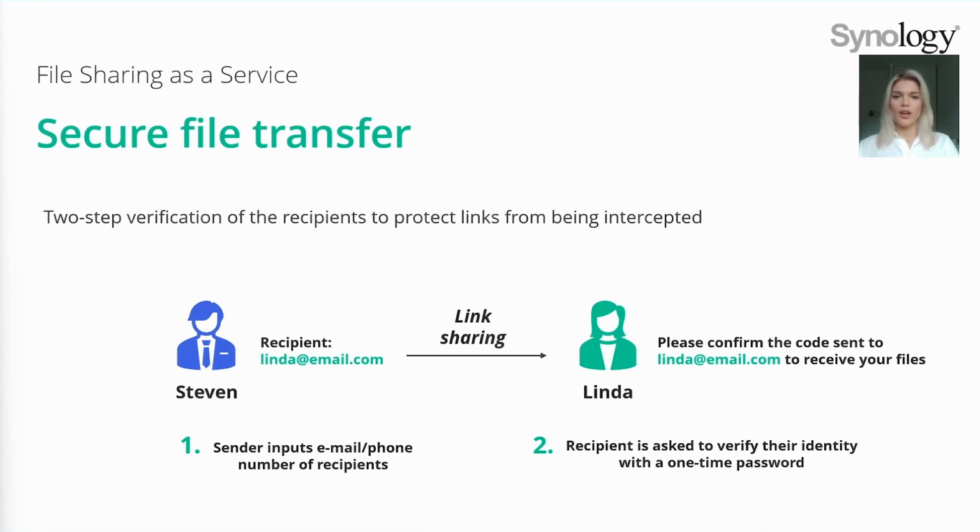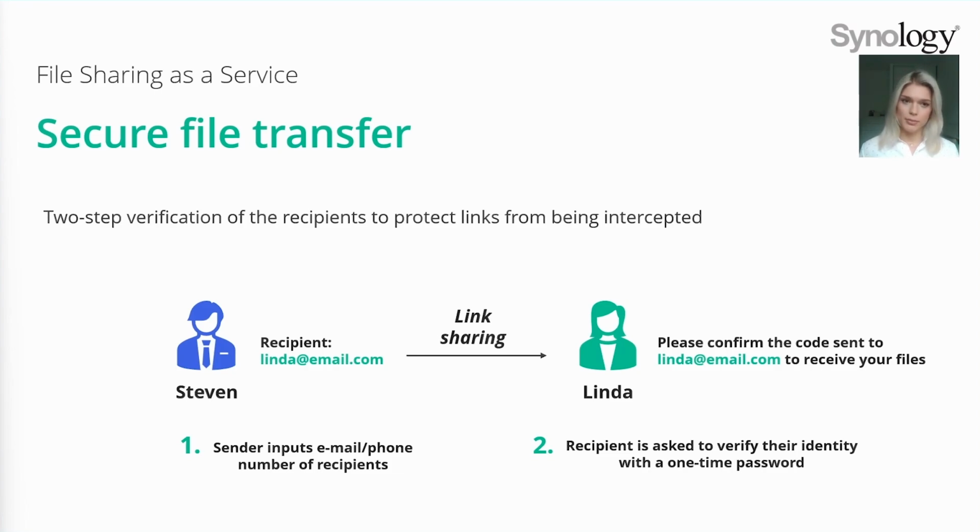One of the biggest advantages of C2 Transfer is that we impose two-step verification of the recipient to avoid any internal interceptions. So how does it work? It's easy. Let's say Steven wants to share a link with Linda to send her files. He will connect to C2 Transfer.